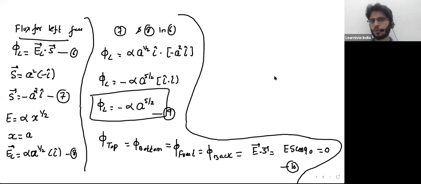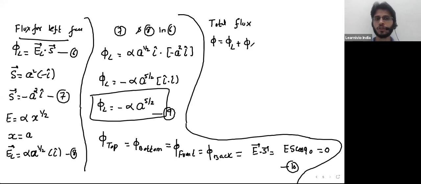So this is how we calculate flux for the top face, the bottom face, front face and back face. Next what we can do is calculate the total flux. For the total flux, we will add all the individual fluxes. We will add flux due to left face, right face, top face, bottom face, front face, and then back face.